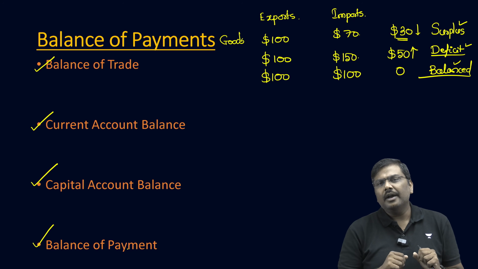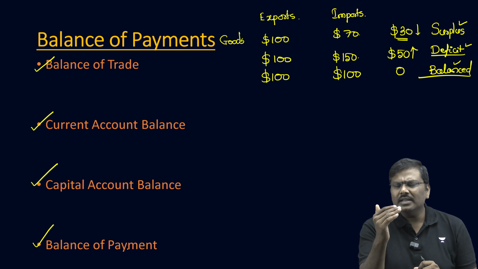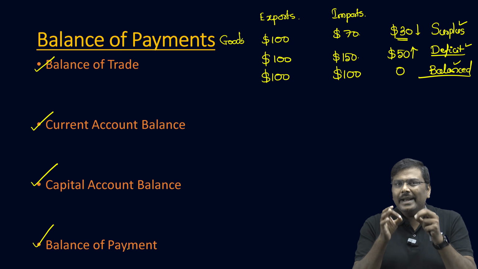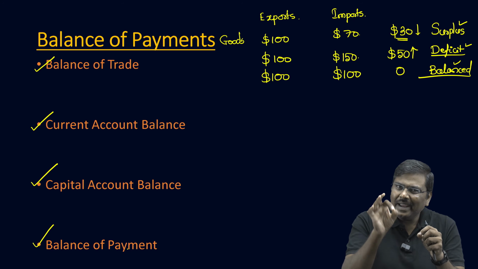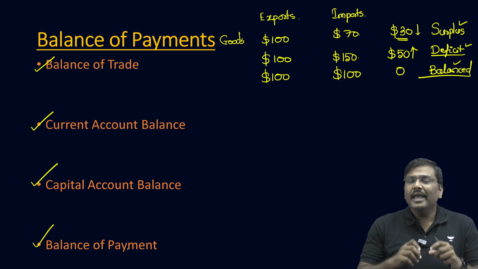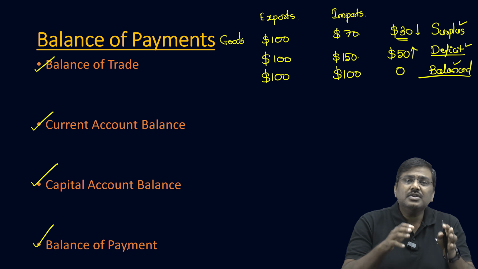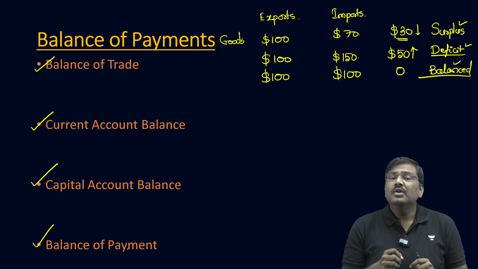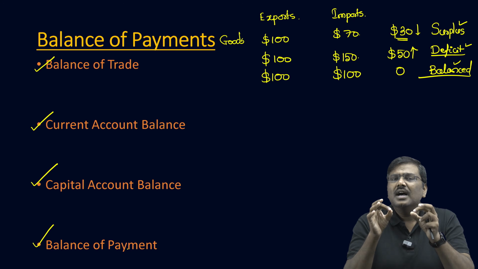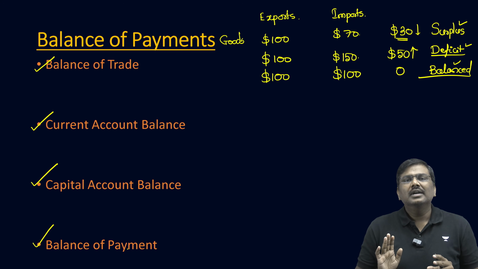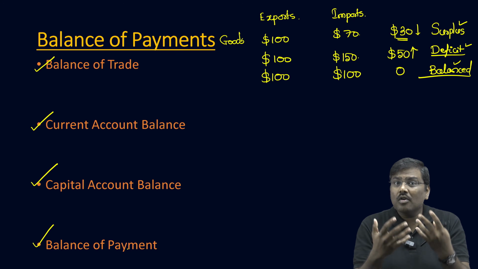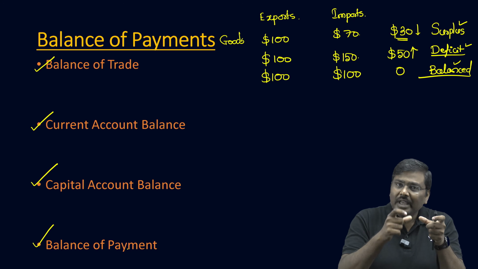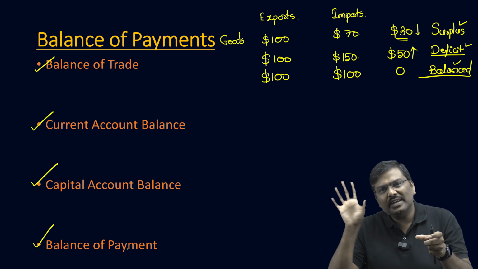In the Indian context, what are the parameters, or let's say what is the general observation? India generally, I hope you understand, experiences a balance of trade deficit. I repeat, India generally faces a balance of trade deficit. That is the overall trade, goods plus services. In overall trade, the value of imports is greater compared to the value of exports.